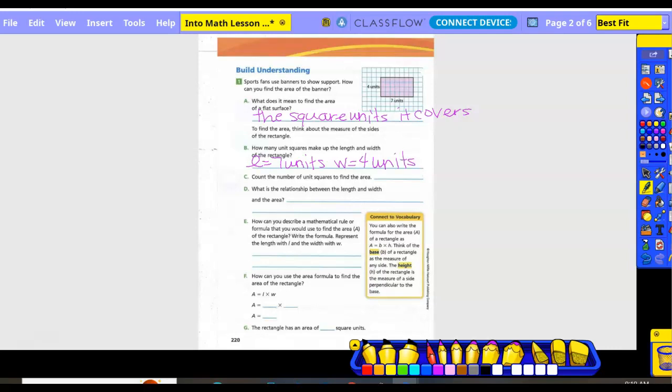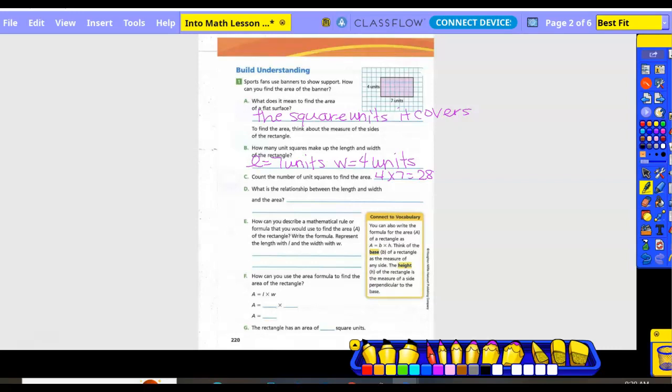Okay, so now they want us to count the squares. Do we need to count all of the squares? No, we could just simply do 4 times 7 and get what? 28.